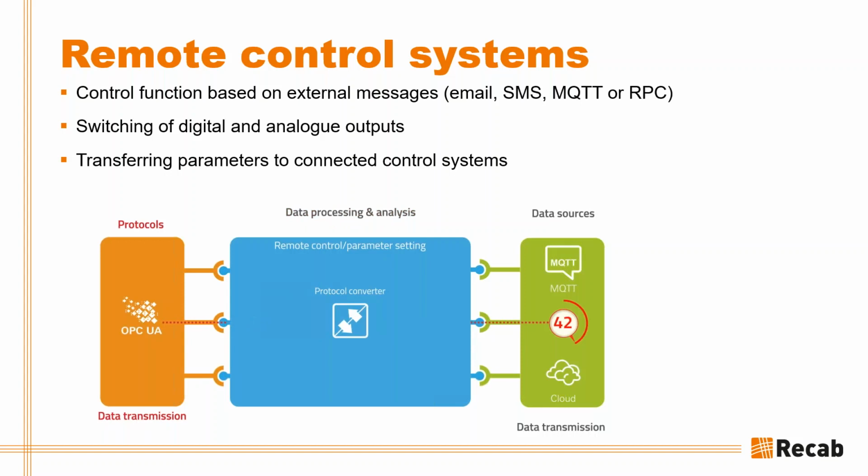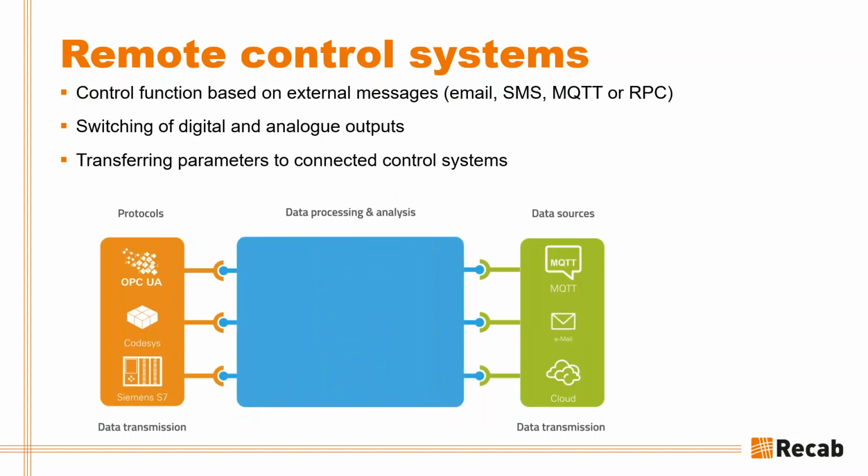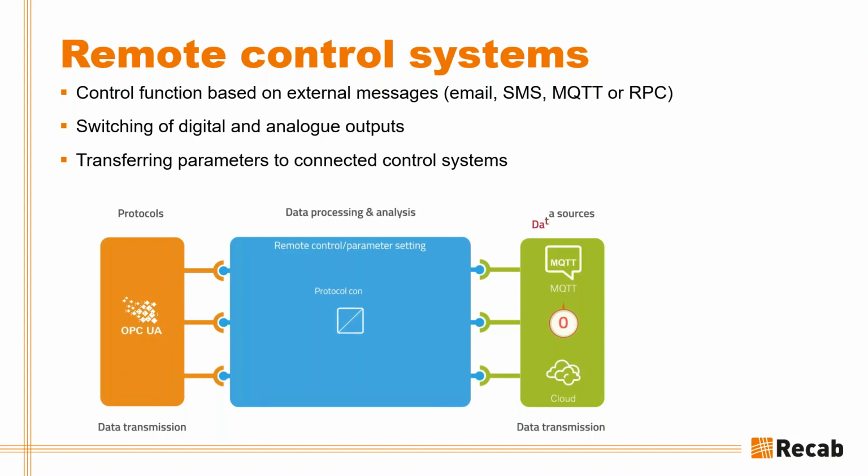And you can switch digital and analog outputs in the router on and off, to turn on a fan or something like that. So you have a lot of different things you can actually do. This is just a few examples of what you can do with it.